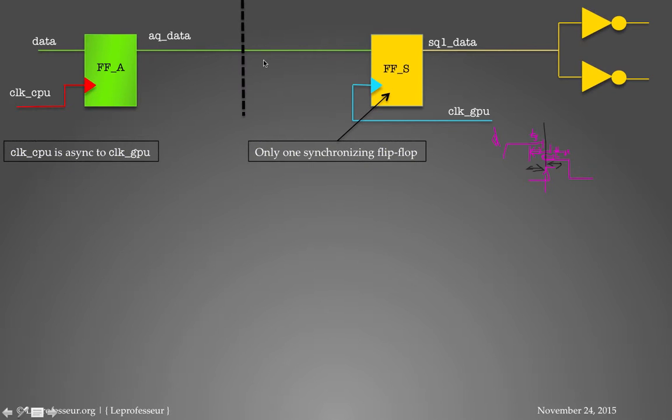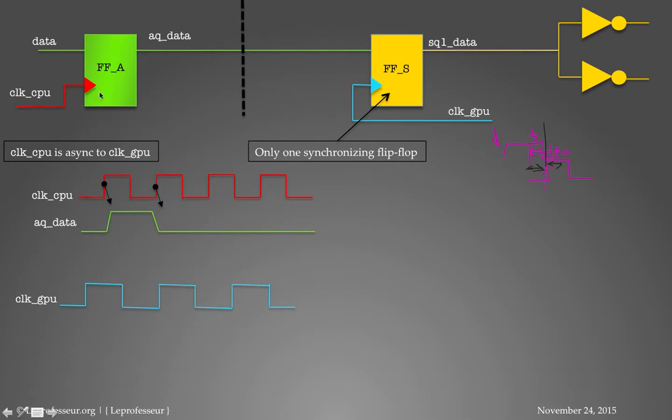So let's say clock CPU is asynchronous to clock GPU, and we have only one synchronizing flop here. Let's say these are hypothetical clock CPU and clock GPU clocks, and our data, which is the output of the flip-flop from the CPU clock, AQ data, looks this way.